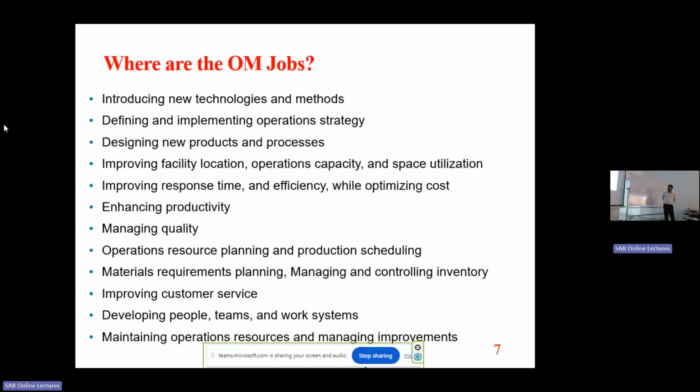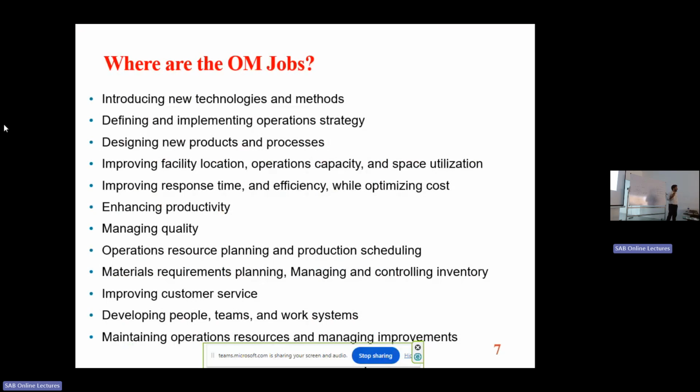Working on enhancing productivity, ensuring quality, and being involved in production planning, resource planning, production scheduling, making decisions on requirements planning, arranging the required resources, managing inventories, providing customer service and improving it, and for the work systems, developing people, developing teams, developing work systems, and many decisions.